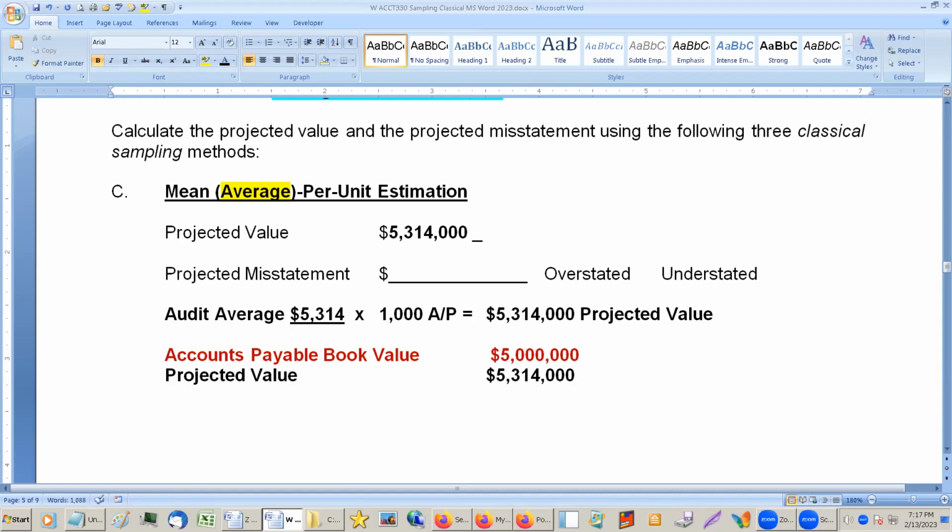So our projected misstatement is what, 314?